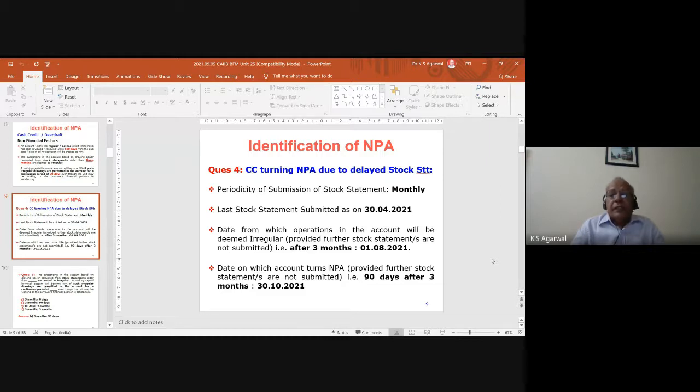And if such irregular drawings are permitted for 90 days, then this account will become NPA. So from 1st August, I will calculate 90 days. So 31 days of August, September 30, 61, and 29 days of October, make 90. So the next date, 30th October 2021, this account will become NPA.